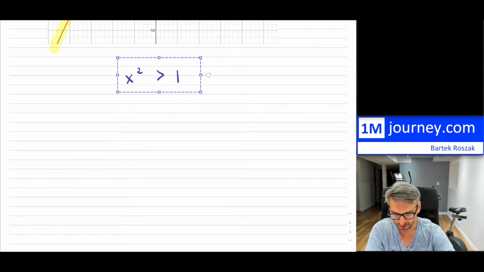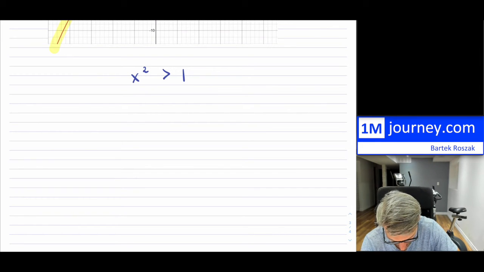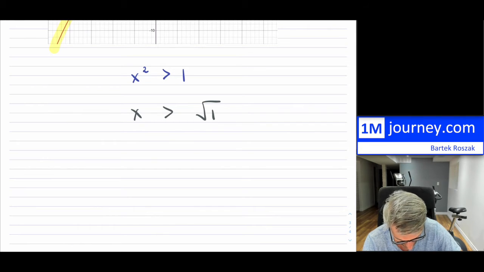So I have my x squared, and I'm trying to find when this is greater than 1. And now, if you're solving this, you might say, oh, this isn't that bad to solve, because what I'm going to do is take the square root of both sides. And what I'm going to get is this. Now, of course, it's going to be plus or minus, right?